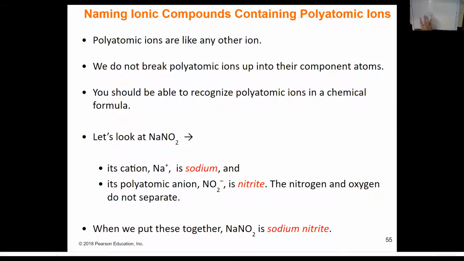Okay. You are going to use a polyatomic ion like any other ion. Okay, and polyatomic ions will never break up into their separate components if you dissolve them in solution or something like that. They stay as a unit. Okay, so this example that we're looking at in this 4th bullet, NaNO2.